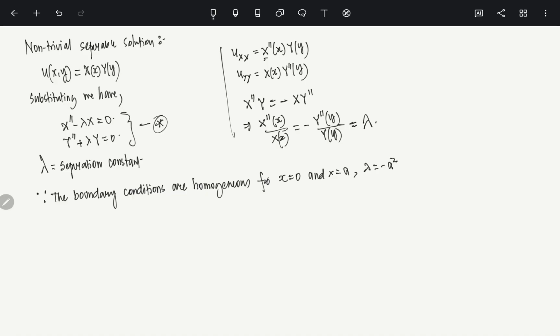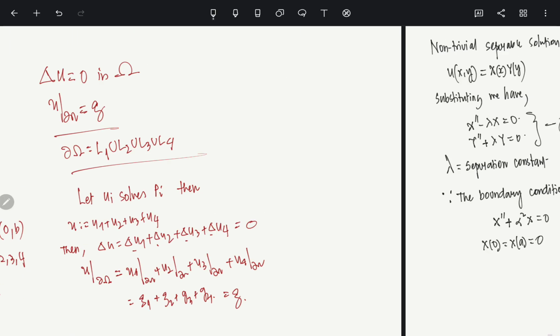And what happens is the equation we end up with is X double prime plus alpha square X equals 0, and X at the point 0 equals X at the point a equals 0. Clear? See what is happening here.